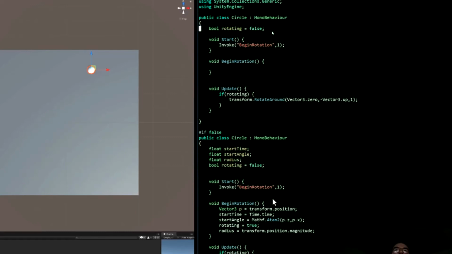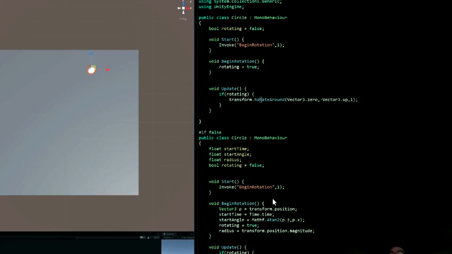And begin rotation actually probably doesn't need the start time yet. I want to put that in somehow, but I'll need a bit of thought. So what I'm going to do is just set rotating equal true, and now it will start rotating after 1 second. The thing to remember here is that there is state now. It's actually using the object's own rotation as the state, so every time it rotates it a little bit.